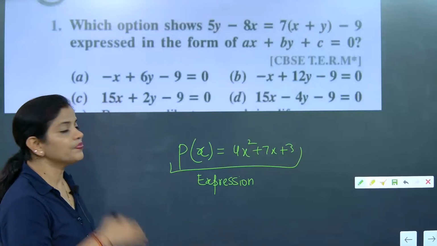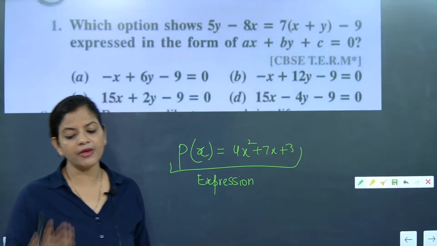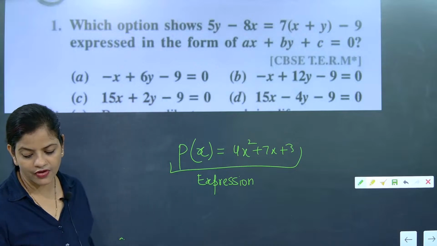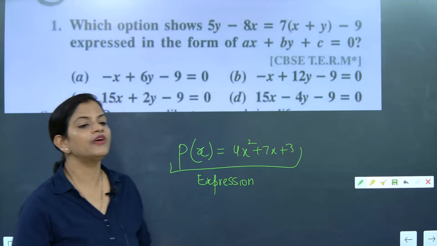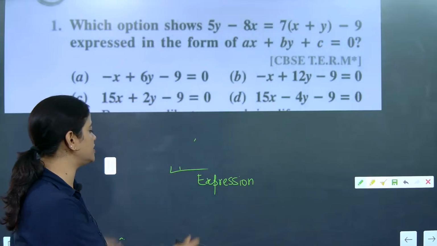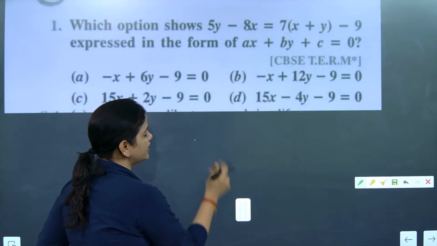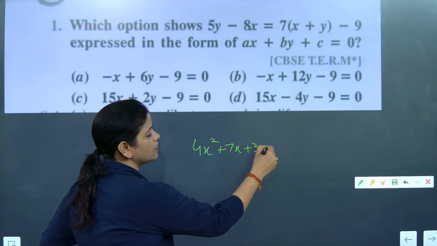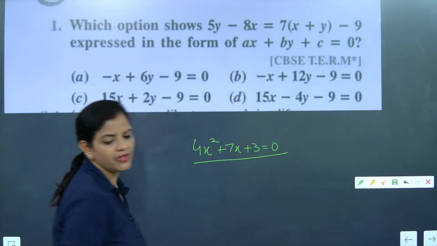Now, an expression will become an equation when we equate it to 0. We will consider it an equation when we equate it to 0. So now we are going to write like this: 4x square plus 7x plus 3 equal to 0. Now this will become an equation.